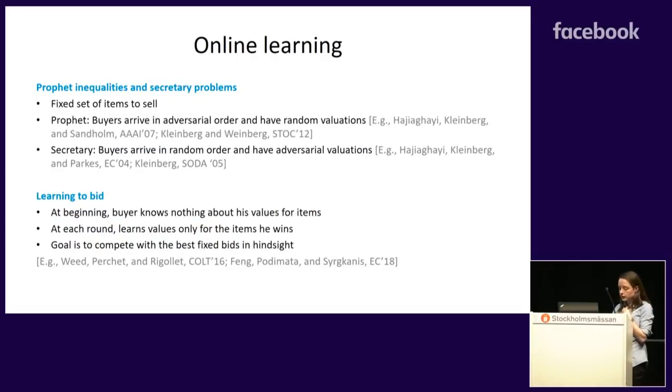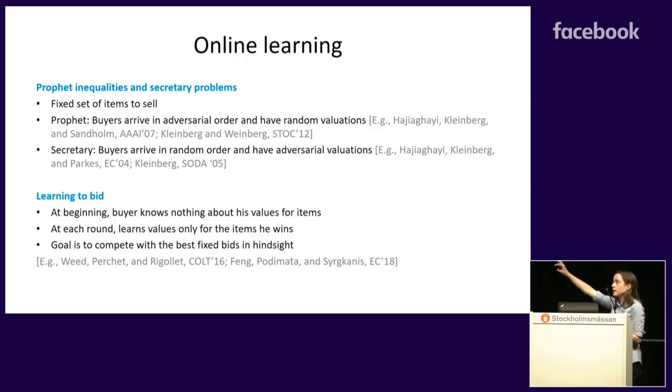And a related setting is profit inequalities and secretary problems. So in online learning, you just sell the same items every single day, repeatedly. But in the profit inequality and secretary problems, you have a fixed set of items that you're trying to sell.